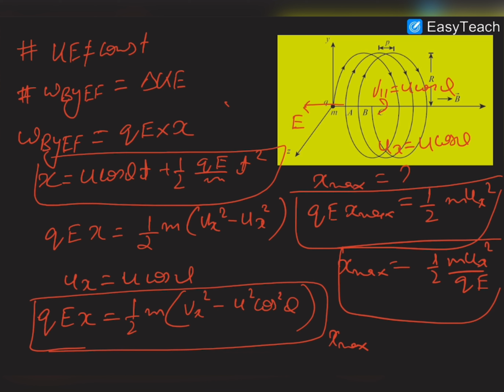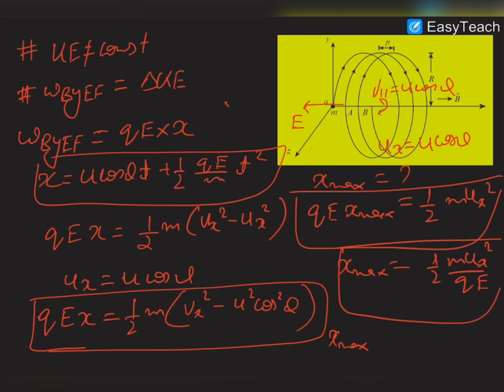So V perpendicular is as it is, and when this particle stops moving in the x direction and returns back, at that point the x coordinate would be maximum, and at that point the particle will have lost all its kinetic energy due to the x component in work done against the electric field.